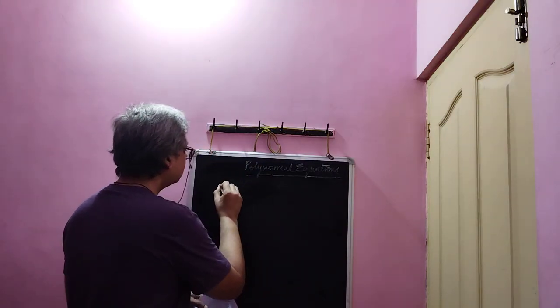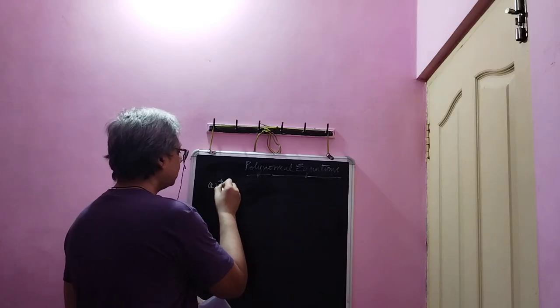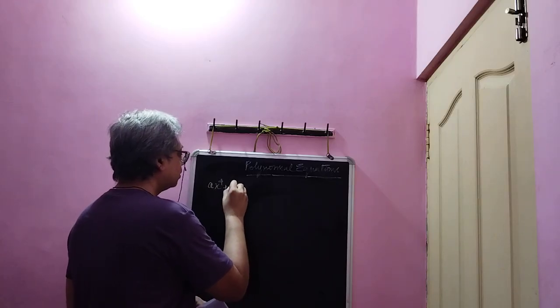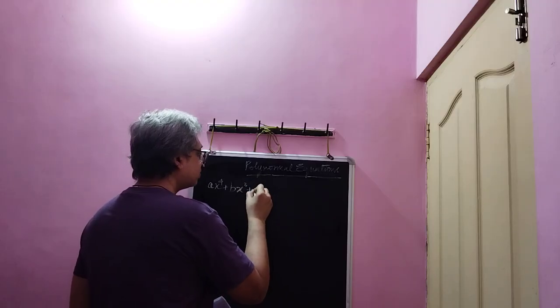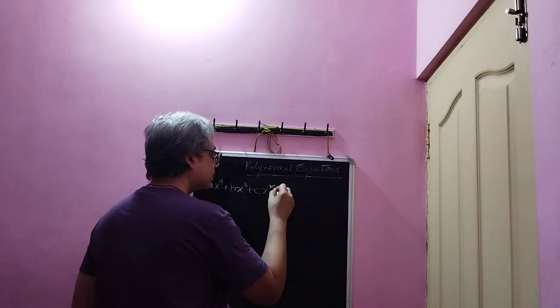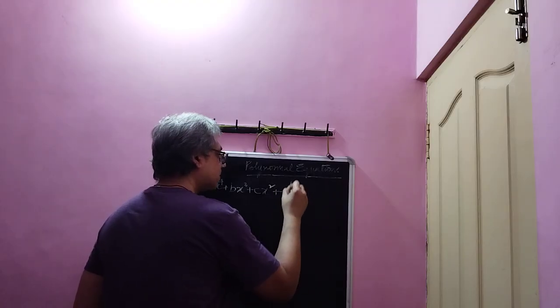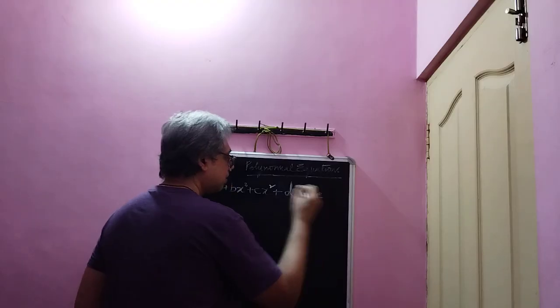Thus, we can write a bi-quadratic equation in the form a x power 4 plus b x cube plus c x square plus d times x plus e.